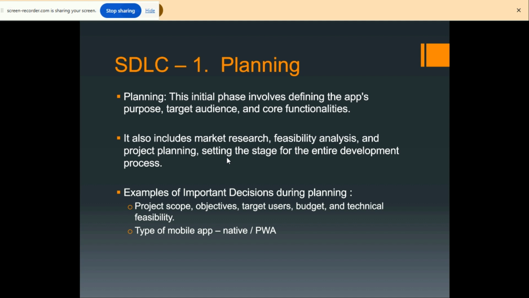Is it Malaysian only, or is it certain area, certain urban area, certain type of demography, certain type of psychography of user? So that's the project scope. What are the objectives? So what are the things that you want to achieve by introducing this app? What is the problem that you are trying to solve with this app? What are the functions? Those are the kind of decisions that you have to make.